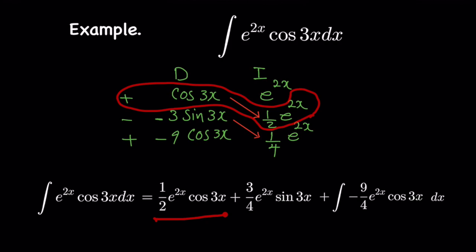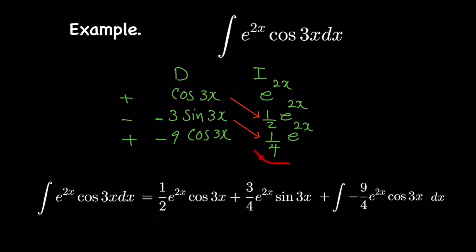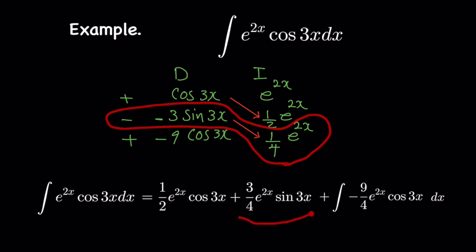That's what I have here. Then I multiply these two functions. And notice that you have two minus signs there. So the minus signs will cancel, and the product will give you 3/4 e to the 2x sine 3x.